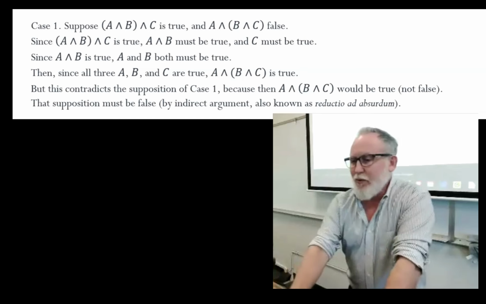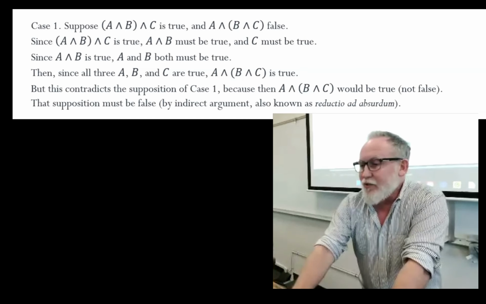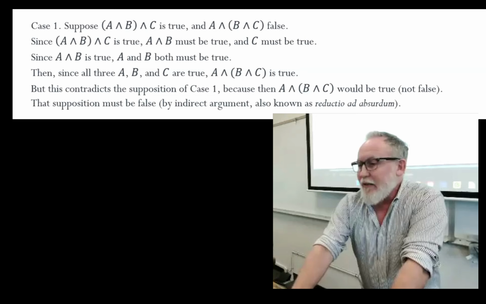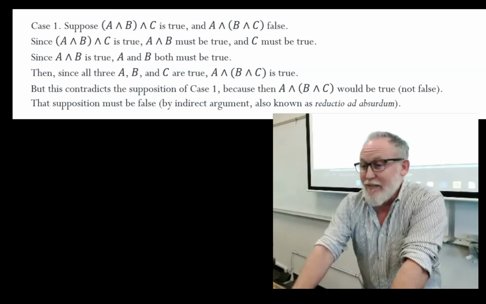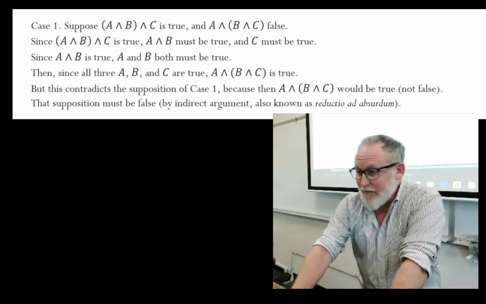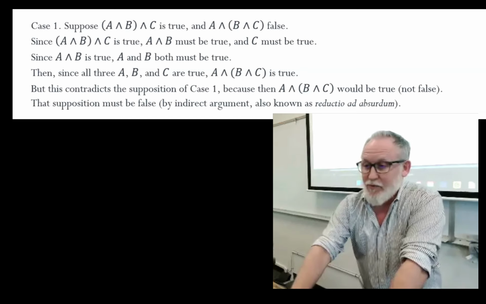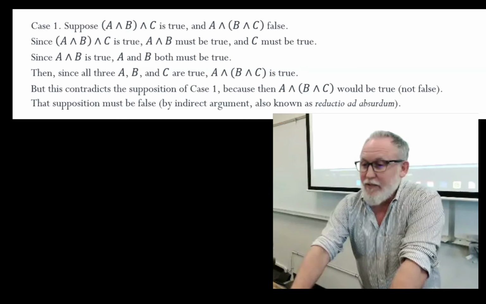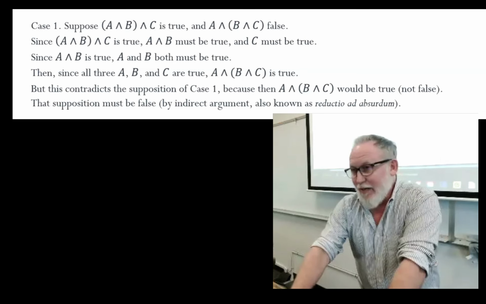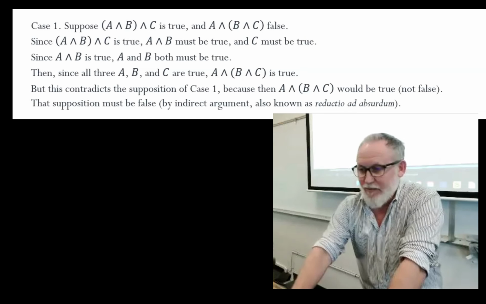So case 1, suppose both A and B and C is true, and A and both B and C is false. Since both A and B and C is true, A and B must be true, and C must be true. So we're focusing on the dominant operation. The left-hand side has to be true, and the right-hand side has to be true. I'm just stating that explicitly.